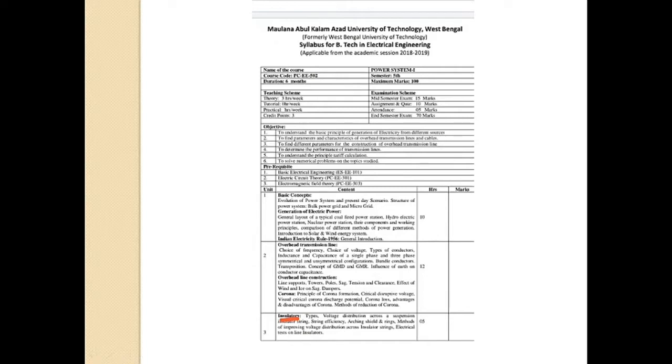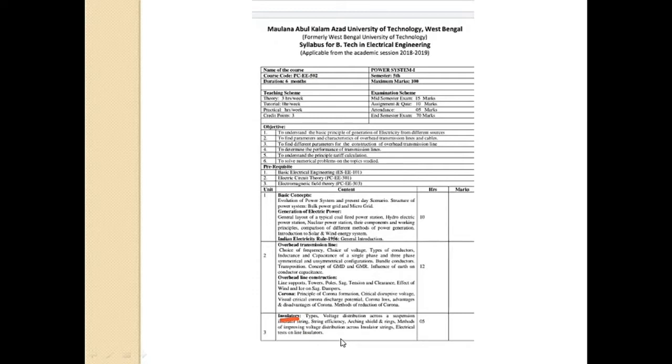Today, I will discuss the different methods of improving voltage distribution across the insulator strings, arcing shields and rings, and electrical tests on the line insulator.